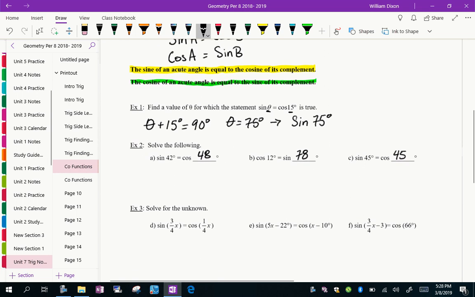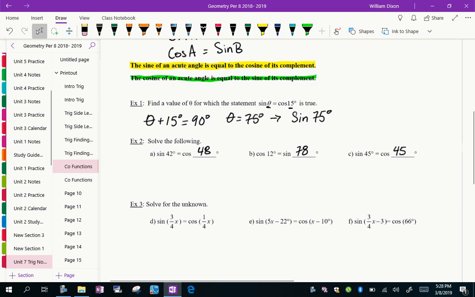Now, a cool thing is that we can solve for the unknown. Back to the algebra. So I have the sine of 3/4 x equals the cosine of 1/4 x. So I can find x. I can set up an equation. I know that the two angles, that sine and cosine, are complementary.